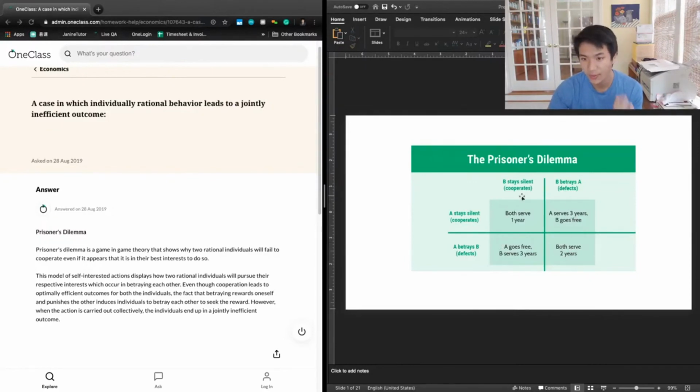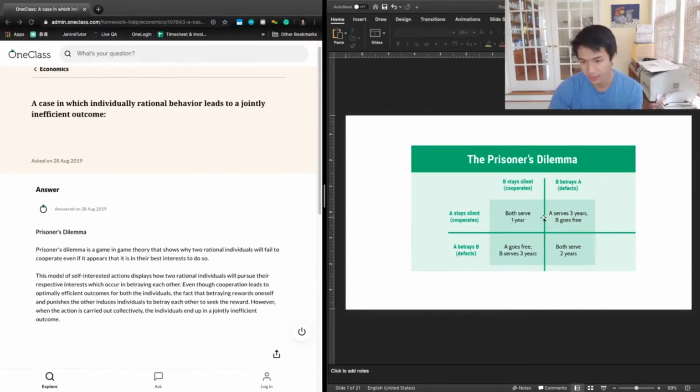So we can see that no matter what happens, whether B cooperates or B defects, A's dominant strategy is this bottom row, where A always chooses to defect. If we flip that for B, it's the same.